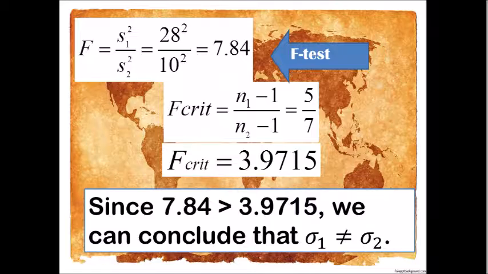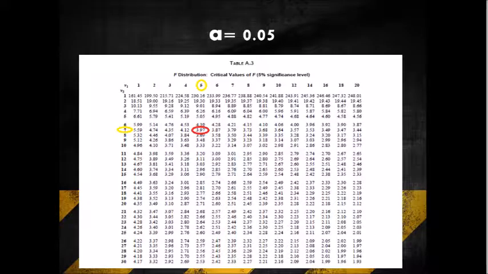Then we will find the F critical using the population size subtracted by 1 and place them in their respective orders. F critical is equal to n sub 1 minus 1 over n sub 2 minus 1. Then we will get 5 over 7. The final answer will be 3.9715. If you're wondering where we got 3.9715, we use the F table with an alpha of 0.05.